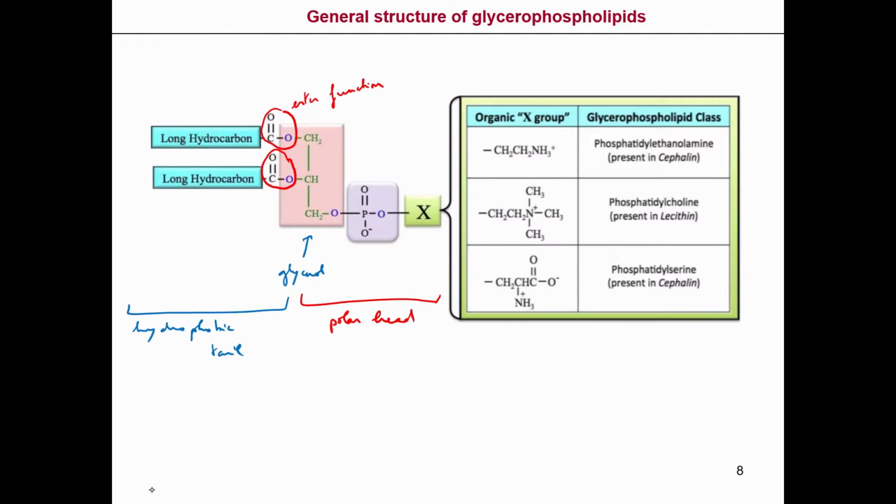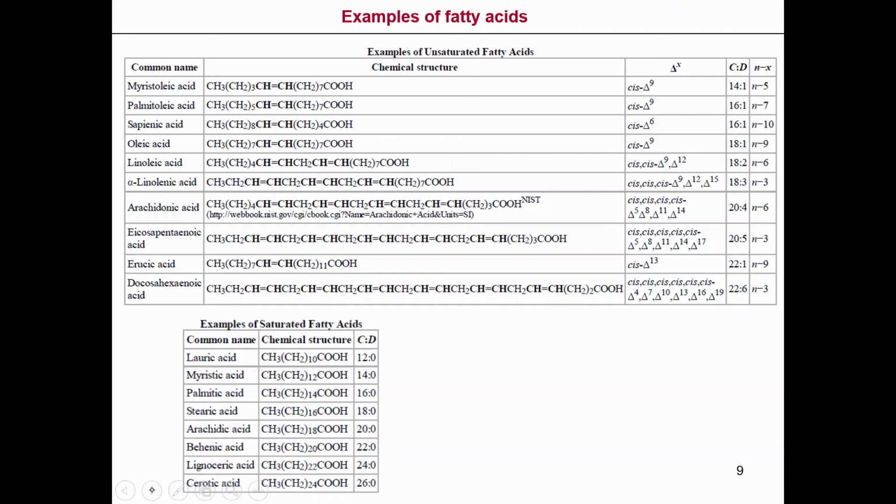So in this table, you have examples of fatty acids and how we can name them. As I said, you have 2 kinds of fatty acid: the saturated one, without any double bond, and the unsaturated one. For the saturated one, the name is always the number of carbon and 0 because there's no double bond.